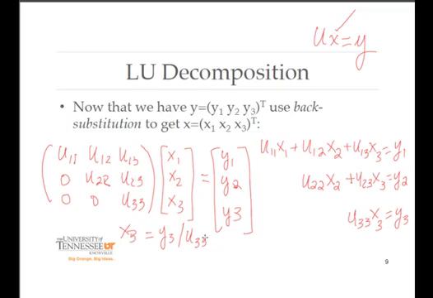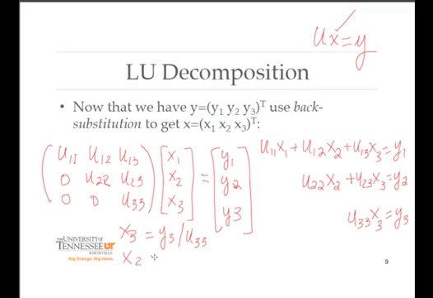Now, if you had x3, you can plug it into the second row and pull off x2, and then you see what will happen. You get each component of x in reverse order one at a time. Well, let's go ahead and just write it out so we understand how we would get it. x2 would then simply be what? Well, you would have x3. That would be known. So this component would be pulled over to the right-hand side.